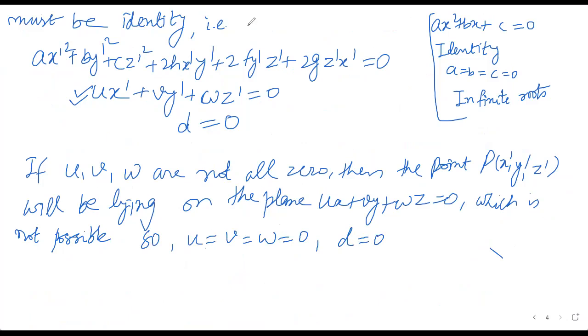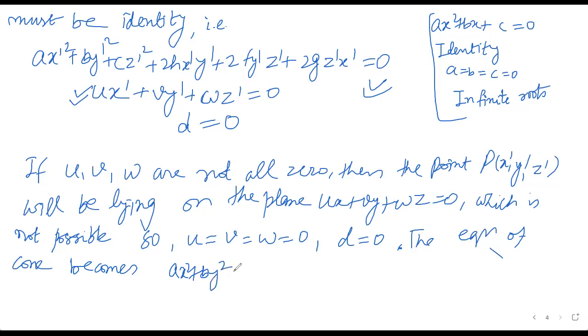So it means what? What is the equation remaining? Only this. The equation of cone becomes ax square plus by square plus cz square plus 2hxy plus 2fyz plus twice gzx is equal to 0.